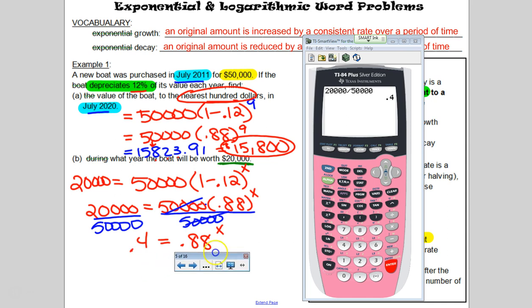So now you have to remember, how can I bring down a power? Well, I definitely can't do like bases, so the other thing to do is to change to log form. Logs help us deal with powers. So you can do one of the options you learned on the solving day. You can either take the log of both sides, or you can change forms. I will show it to you both ways right now, and then from here on out, you can decide what you want to do.